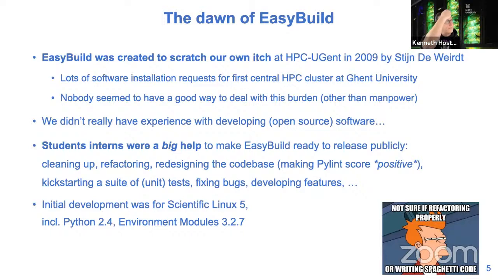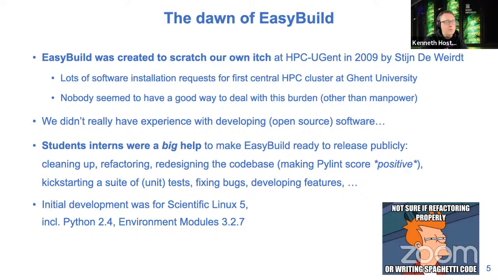EasyBuild started in-house mainly to scratch our own itch, so to deal with the problems that we were having as a new HPC team. So the team was really started in 2008, and our first central supercomputer at Ghent University was installed in 2009.